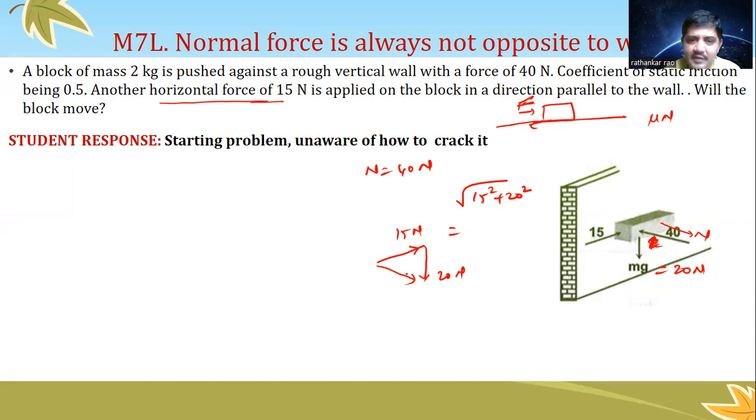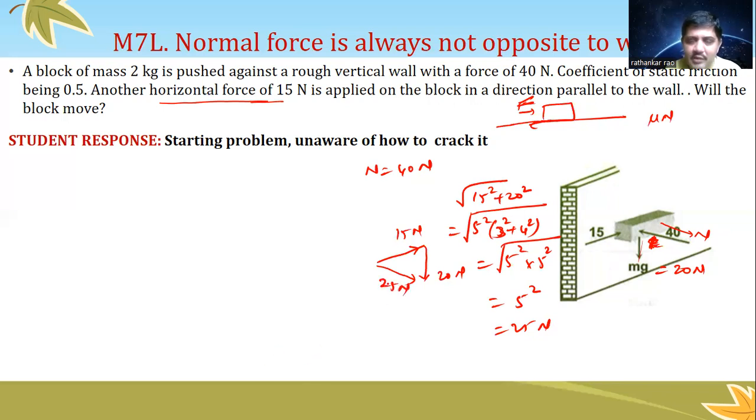Because it's a right angle triangle, I will take 5 square common: 5 square into 3 square plus 4 square. I'm not going to use any calculator here. 3 square plus 4 square is 5 square, so this is equal to 5 square itself, which is 25 Newton. This value is equal to 25 Newton.